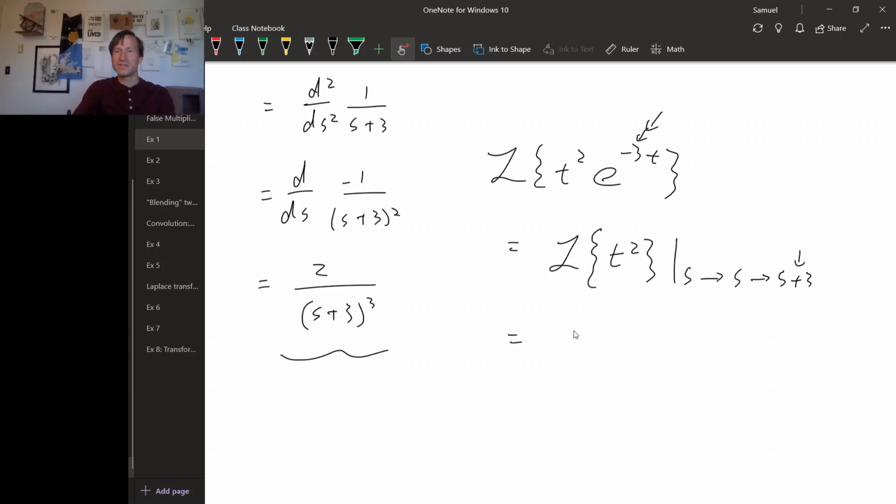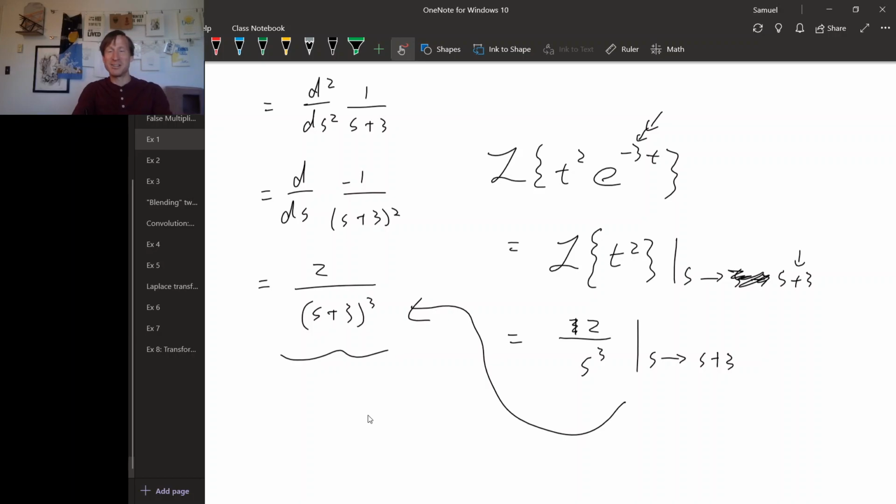Laplace transform of t squared is 2 over s cubed, and then we still have to replace s with s plus 3. Oops. And you do indeed get what we got doing it the other way. So it is nice to see that if there is more than one way to compute a Laplace transform, you do get the same thing either way.